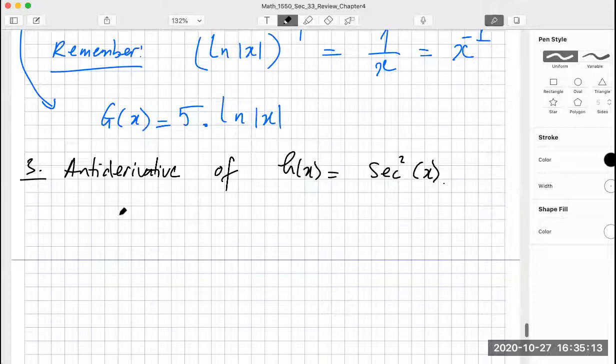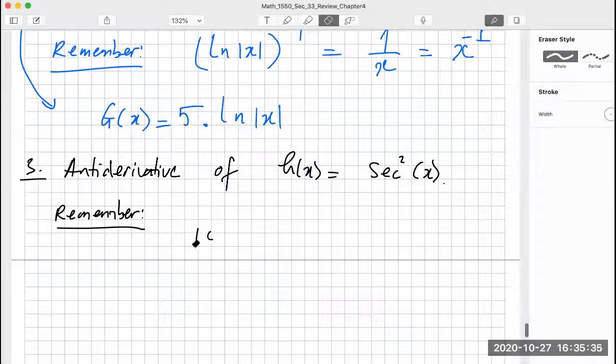So remember, in order to do that, we need to memorize all the derivative formulas. If we remember them well, we can do it fast. So remember that derivative, oh, let me write it in terms of prime.